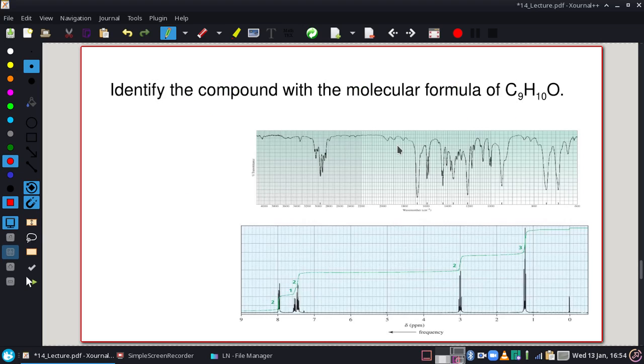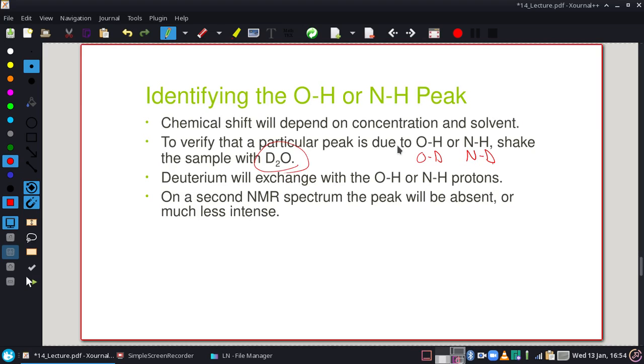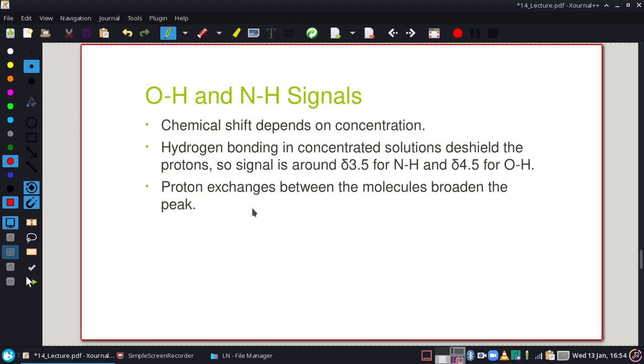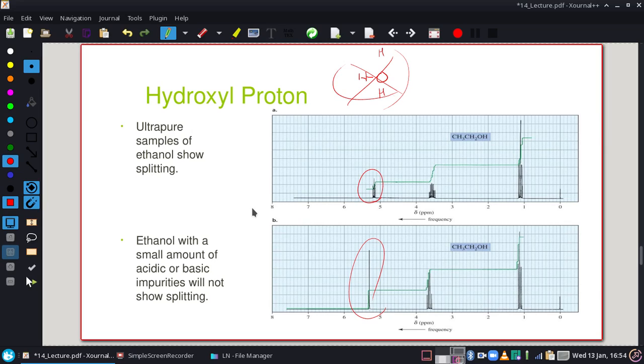So what we end up doing to actually identify this, and I don't have it on here, but we're going to mention it down here. We will actually measure the sample, get either that broad peak for ammonia for a nitrogen NH bond, or a somewhat chaotic peak for an OH, and then we put the deuterium in there, and it's either going to clean it up or it's going to make it disappear.